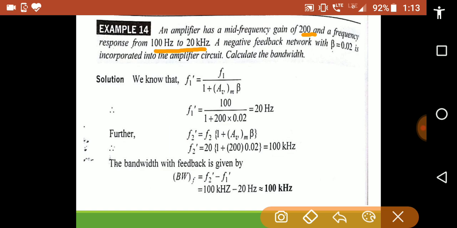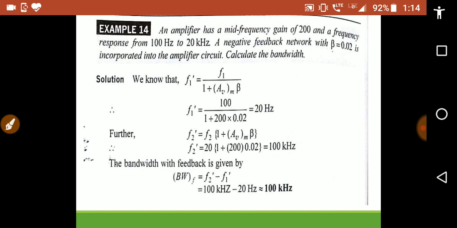A negative feedback network with beta equal to 0.02 is incorporated into the amplifier circuit. Then calculate the bandwidth. So here A is 200, f1 equals 100 Hz, f2 equals 20 kilohertz and beta equals 0.02. We have to find the bandwidth after the feedback.